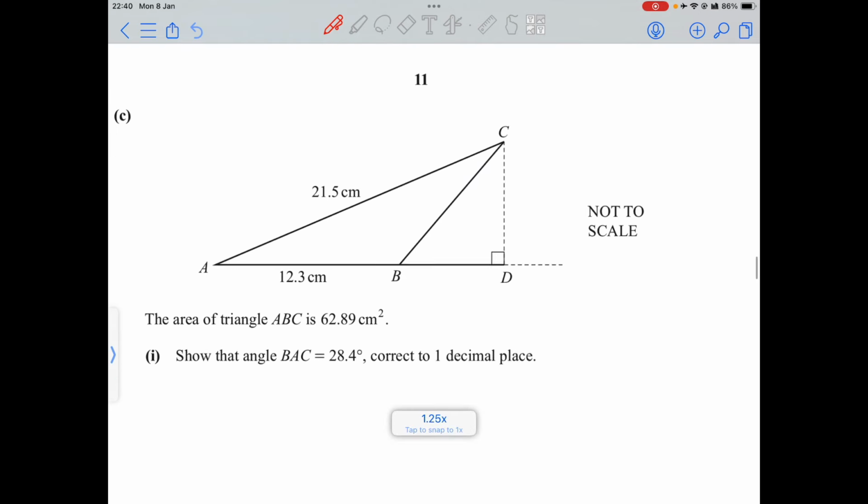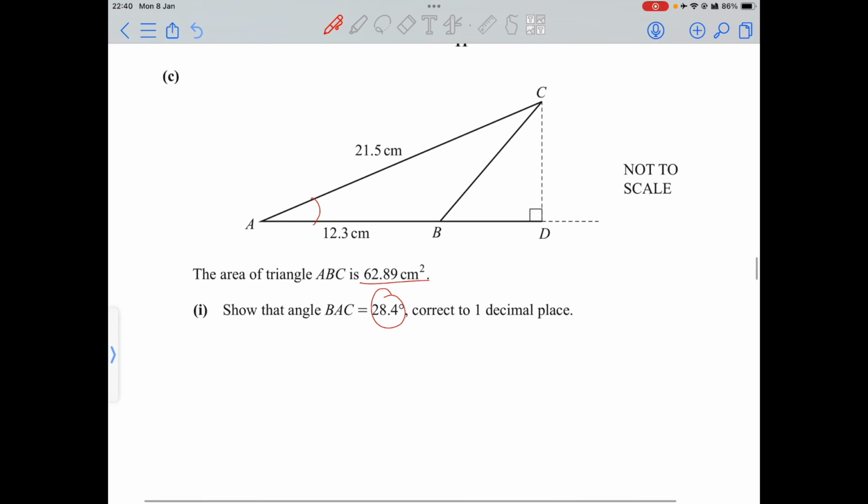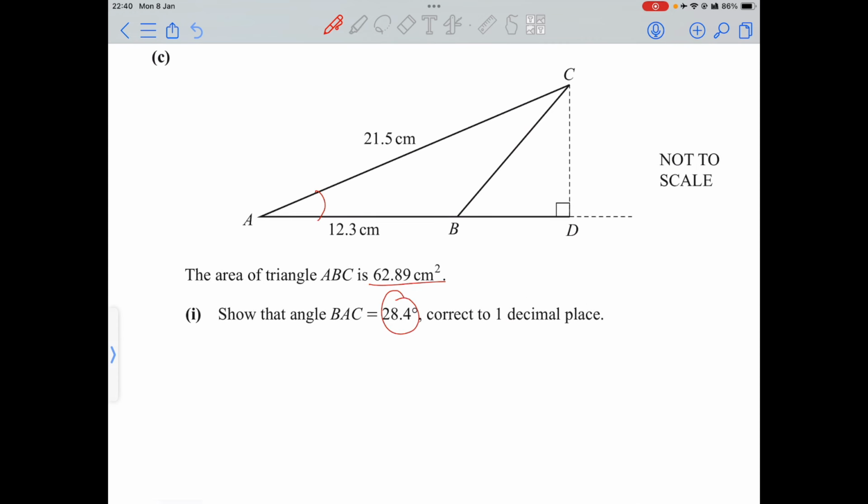Show that acute angle BAC is equal to 28.4. The area is given. Now I know that half times AB times AC times sine x is equal to 62.89.